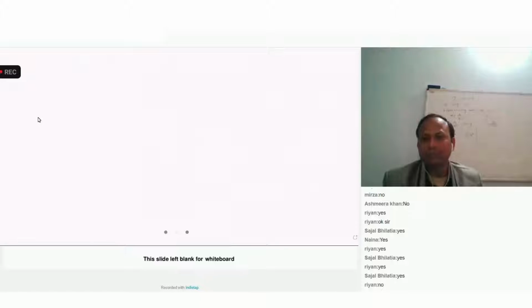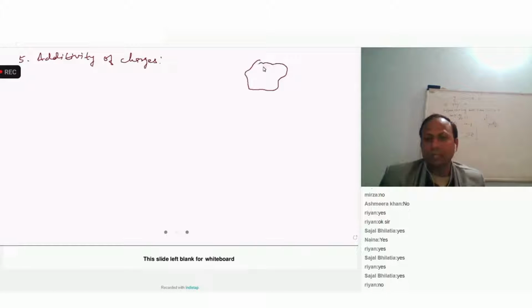The next property is additivity of charges. What does it mean? Suppose there is an object and there are some charges which you can name as Q1, Q2, Q3 and so on, right?